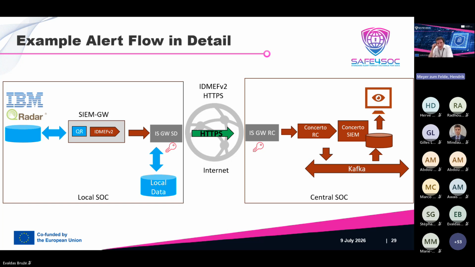The first component that we needed to develop to establish this workflow is the SIEM Gateway, which you can see on the left in the middle. This gateway has the purpose to transform the proprietary format of the alert into the standardized IDMEF version 2, which Gilles just introduced. After the transformation is done, this new alert format is forwarded to the information sharing gateway on the sender side.